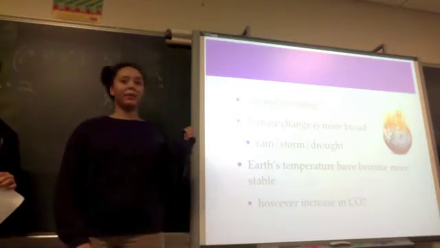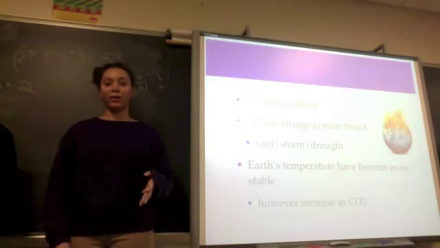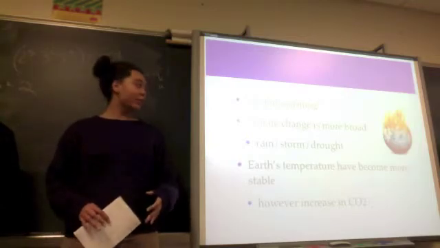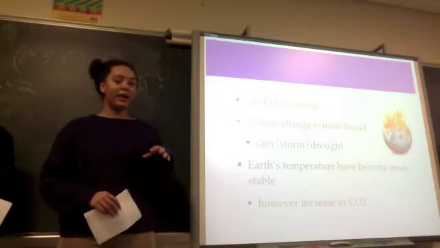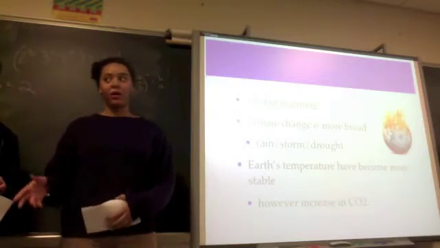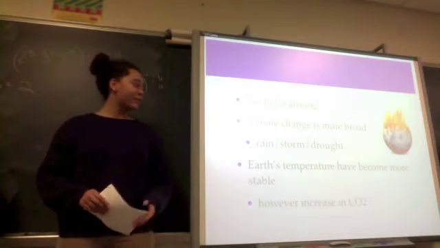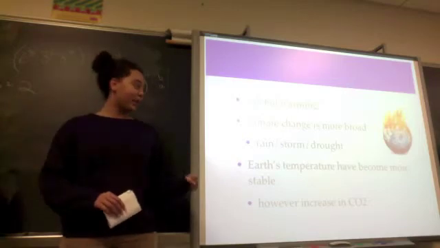A lot of people call it global warming, but it can also be called global climate change because it's more broad. It's not just that the earth is getting warmer. In some cases, some areas might be getting cooler, but all over the globe the climate is changing. So places that might have been colder are now becoming warmer. So it's not just ice caps melting, it's not just everything getting warmer.